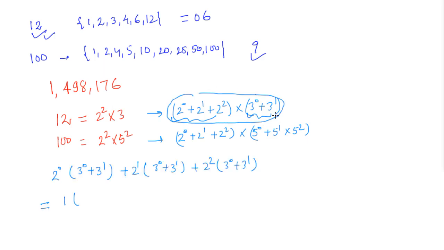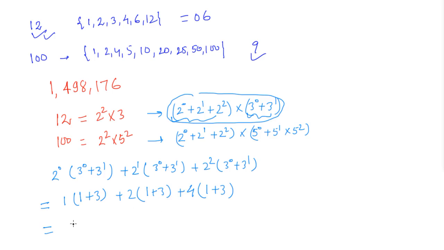This whole expression can be written as (2 to the 0th plus 2 to the 1st plus 2 squared) times (3 to the 0th plus 3 to the 1st). Now 2 to the 0th power equals 1. So we will evaluate this. We will get 1 plus 3 plus 2 times 1 plus 3 plus 4 times 1 plus 3.